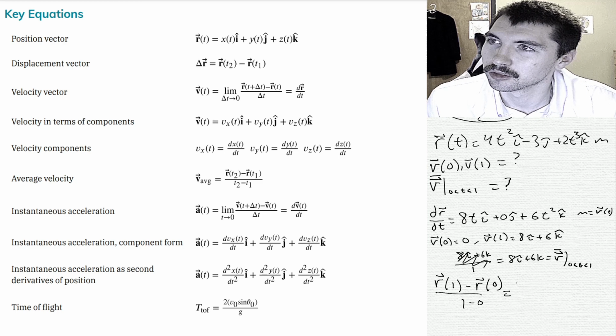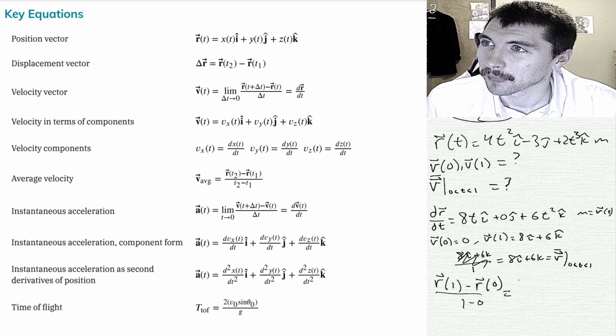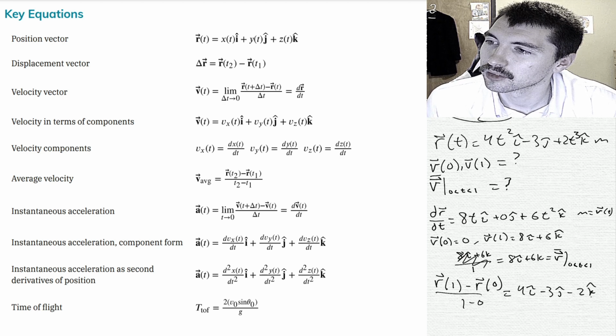Okay, so average velocity should be 4i, 3j minus 2k.